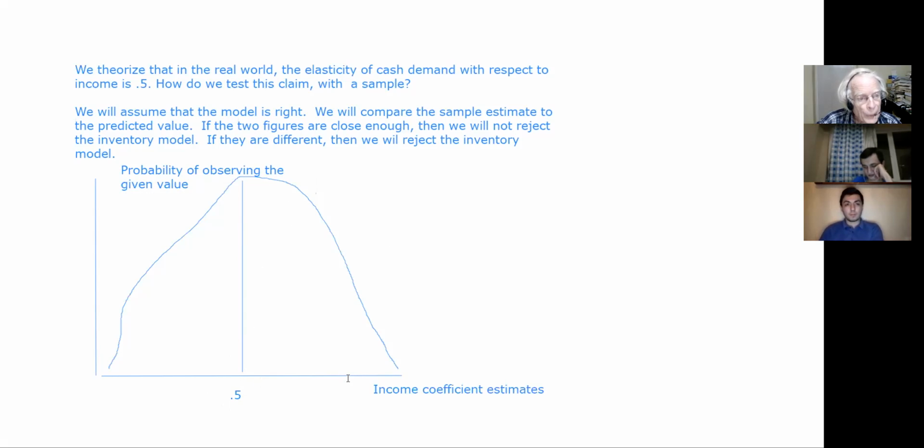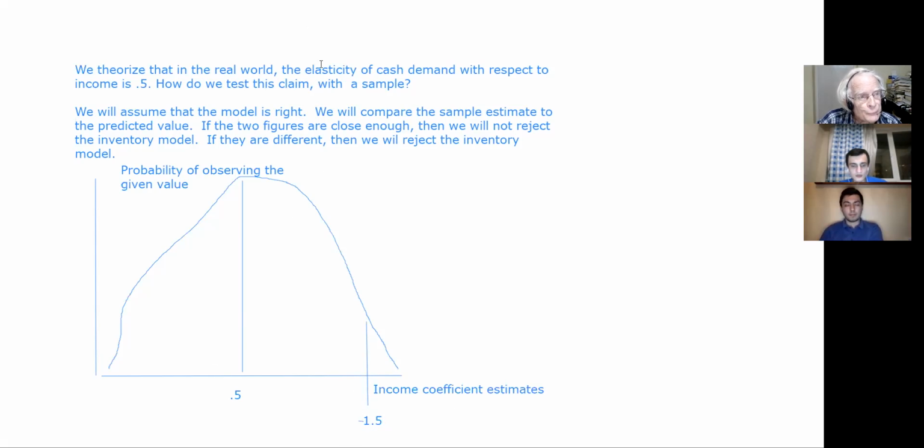But what happens if, in fact, the coefficient is way out yonder? For example, here is a value that is nowhere close to 0.5. Of course, it's 1.5.